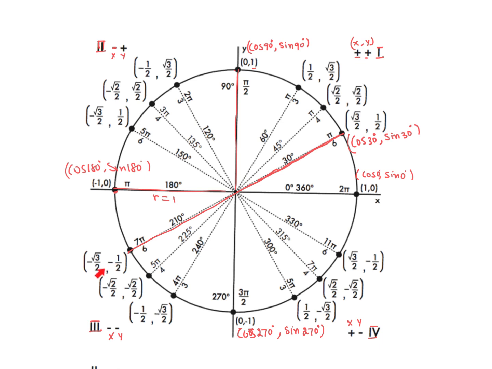In this case both of them are negative, because x and y are negative in the third quadrant. Similarly, if you're looking at 45 degree, from the table you can tell that cosine 45 is square root 2 over 2, and sine 45 is square root 2 over 2.